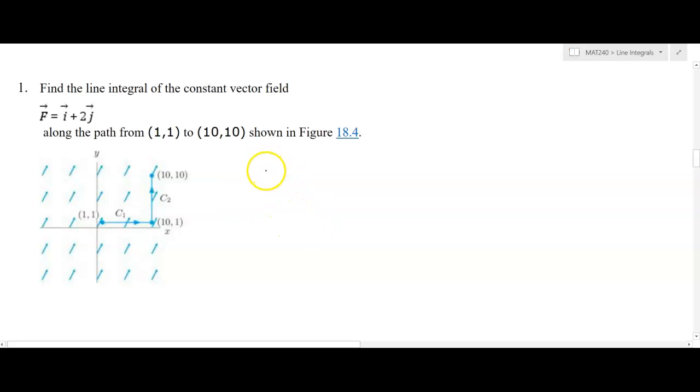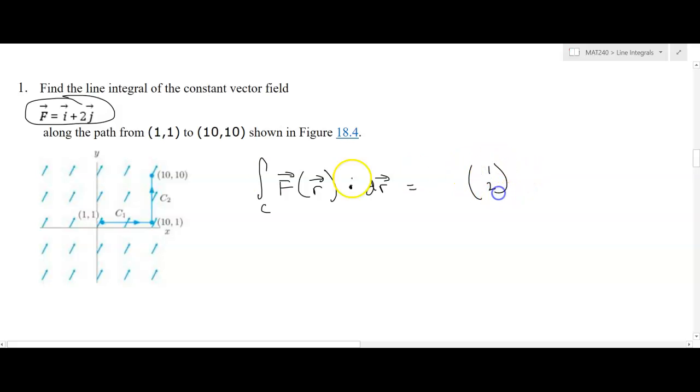So we know that in order to compute this integral, this is going to be the integral of the dot product between our force vector, or our vector field function, evaluated at our position, dotted with dr. Now as we begin to unpack this, f of r, that's just this vector here. It's the same at every single position, and that's just the vector 1, 2, because 1i plus 2j is the 1, 2 vector.